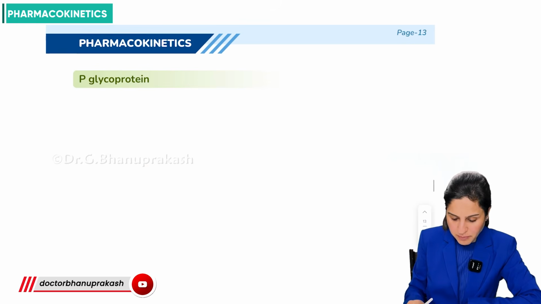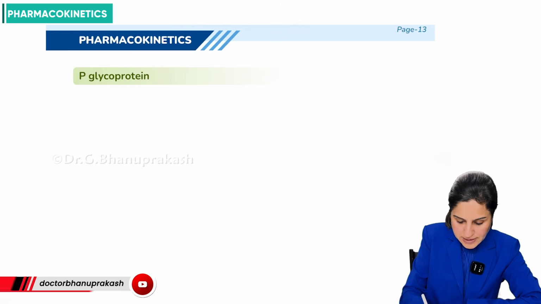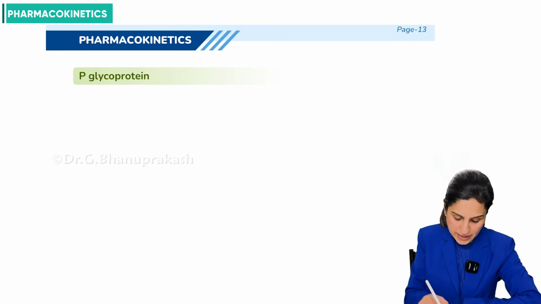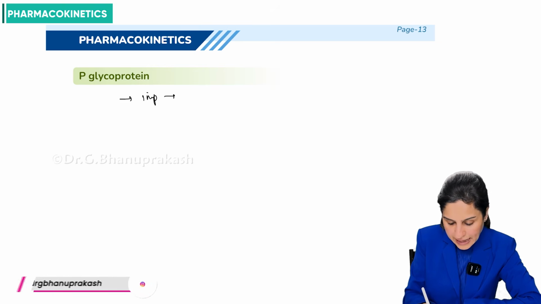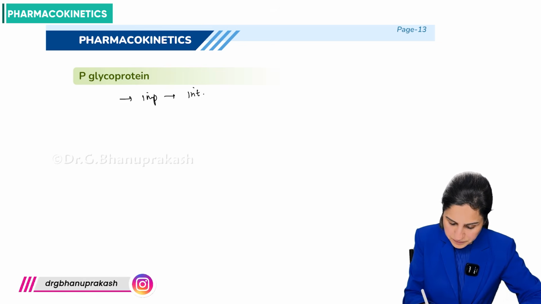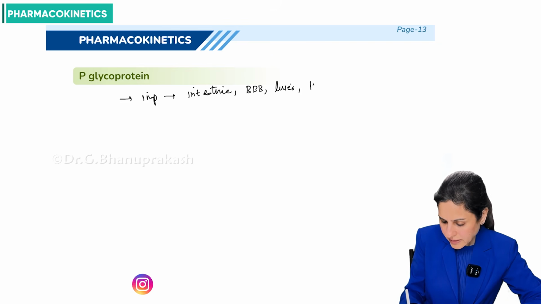Now, what is important here? Let's see about the P-glycoproteins. This P-glycoprotein efflux mechanism is important in certain areas like intestine, blood-brain barrier, liver, and kidneys.